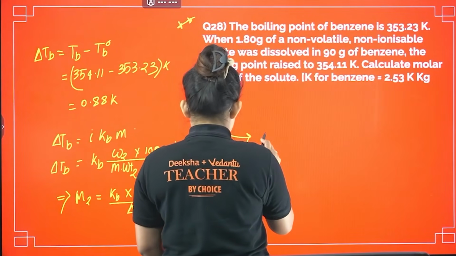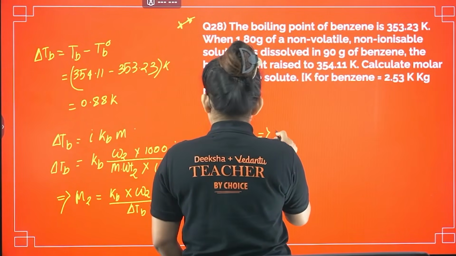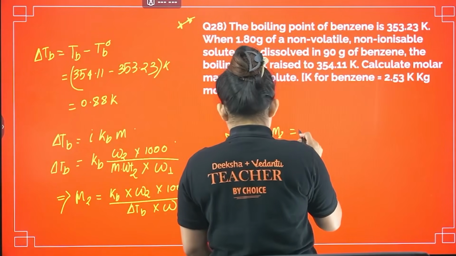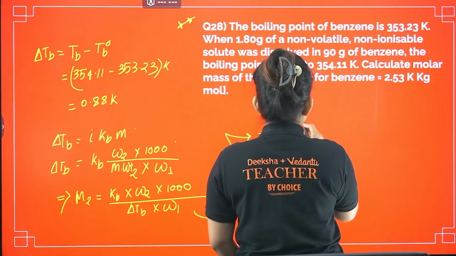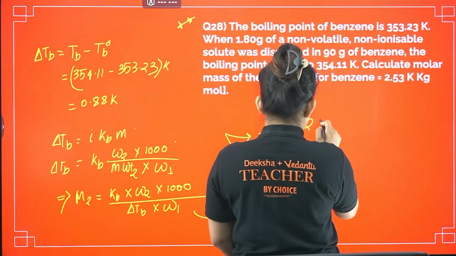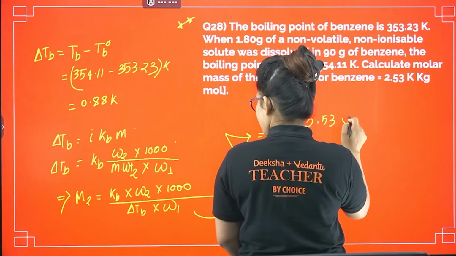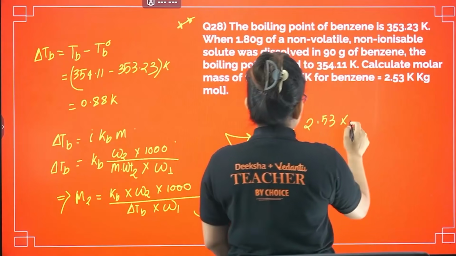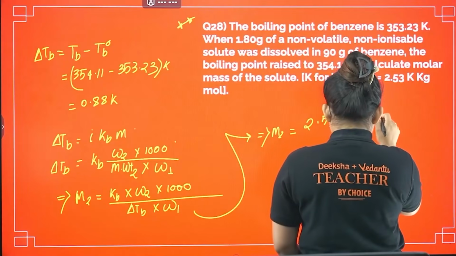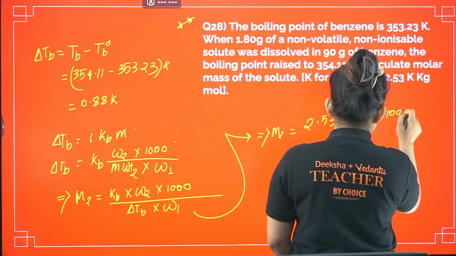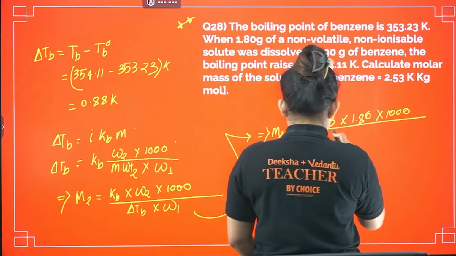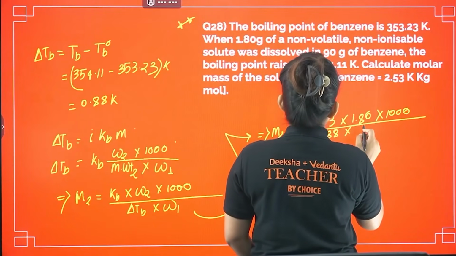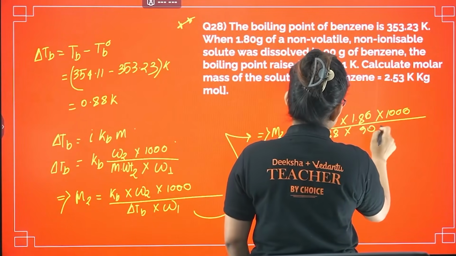Now I will substitute the values here. M2 is going to be KB, at first 2.53, into the weight, how much it is given, 1.80, into 1000 divided by 0.88 into 90 gram, right?